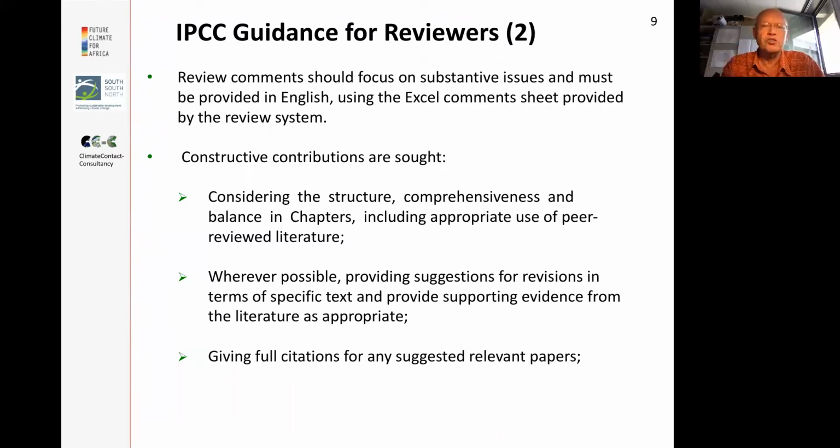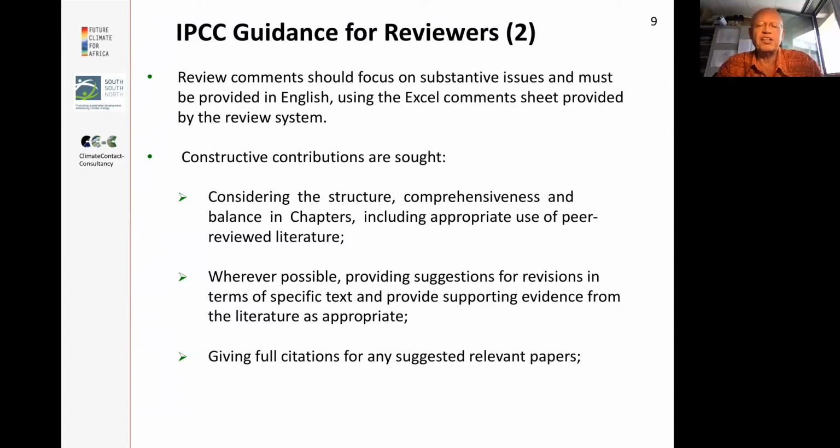Of course, the author teams, even if they are experts and diverse, with each chapter typically having 10 to 12, sometimes more authors, know a lot of peer-reviewed literature, but they might not know some key piece of literature that you know about, and through the review process you can bring those references forward.